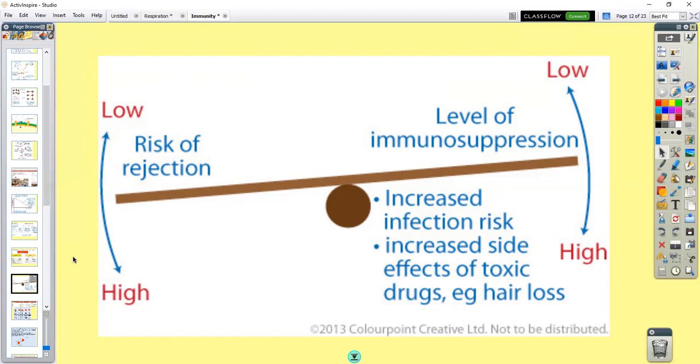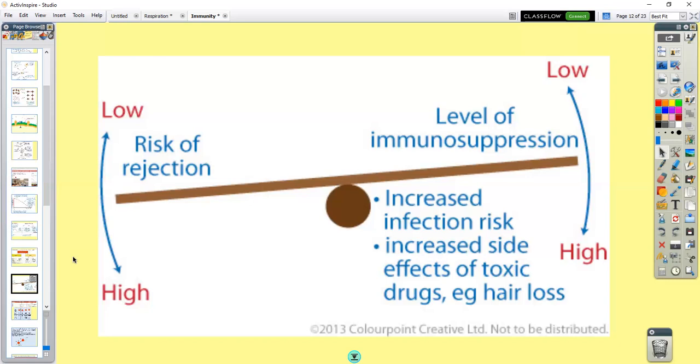Okay, so again, your T lymphocytes, your killer T cells, would attack it. One way of getting over that immune response is by tissue typing. And generally that's looking within the family for somebody that would transplant, let's say, a kidney to another family member. And because the DNA is very similar there, it might be that it doesn't produce an immune response.